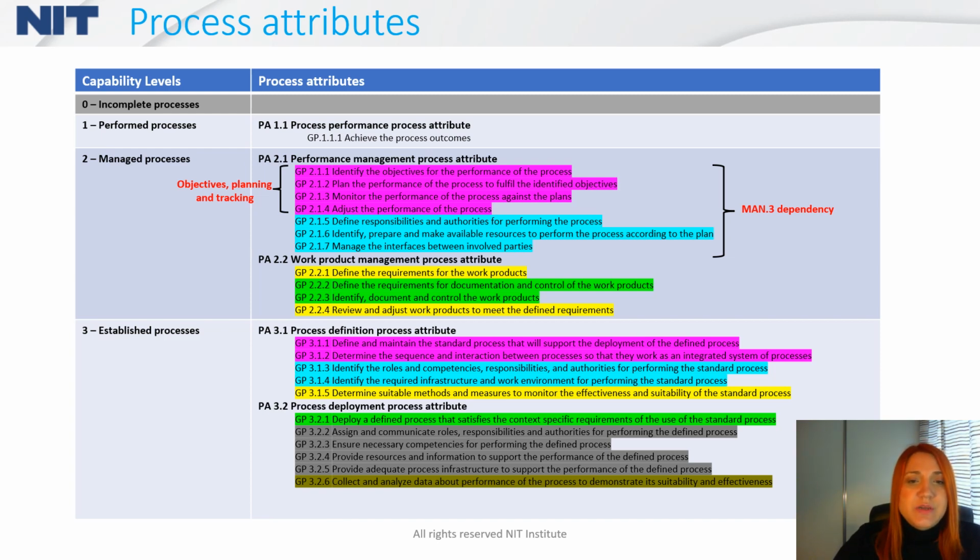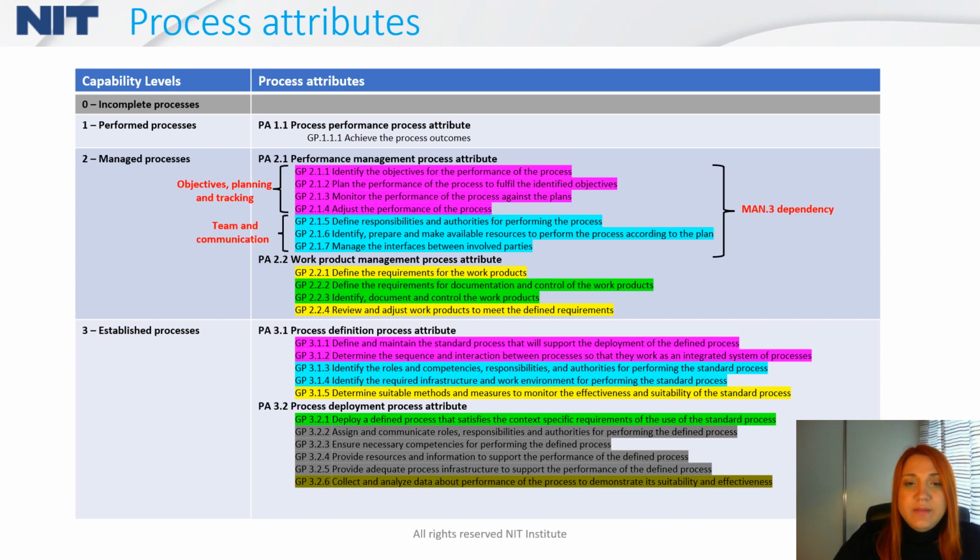For example, GP 2.1.1 is saying that we need to identify the objectives for the performance of the process. Next one is telling us that we need to plan the performance of the processes to fully fulfill the identified objectives. Then we have the monitoring and adjusting. This is telling us that basically all four of them are really the basics of the management process.